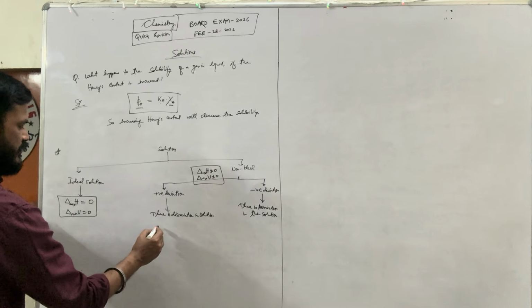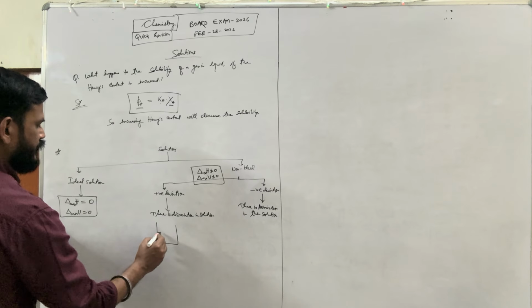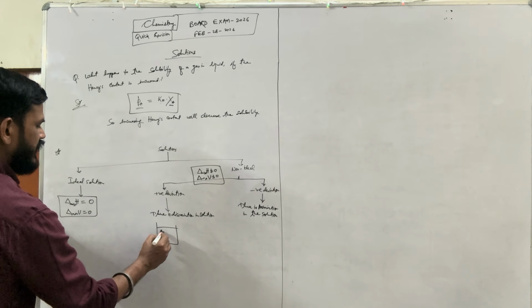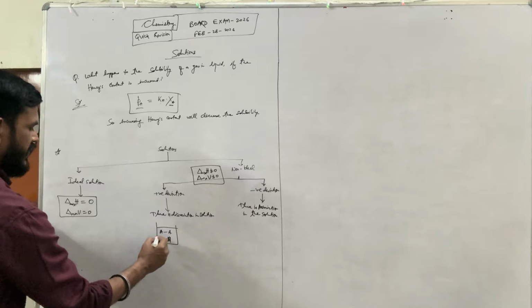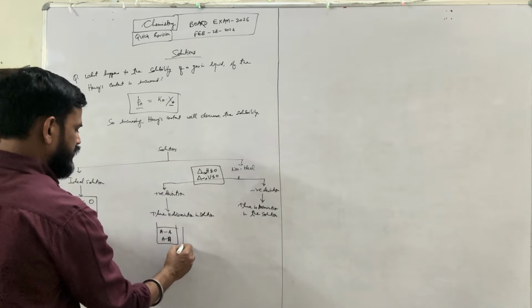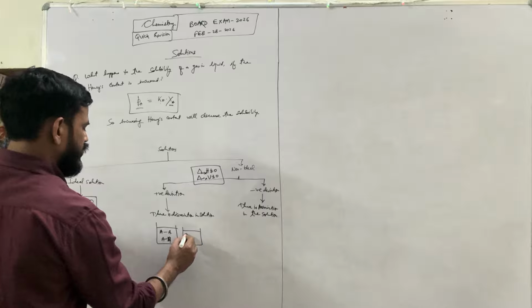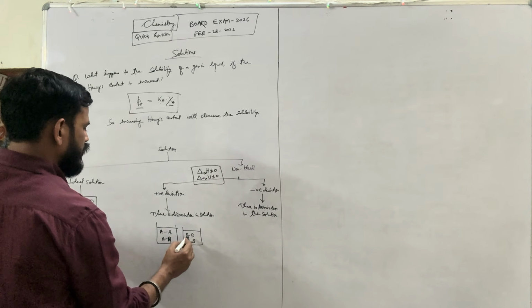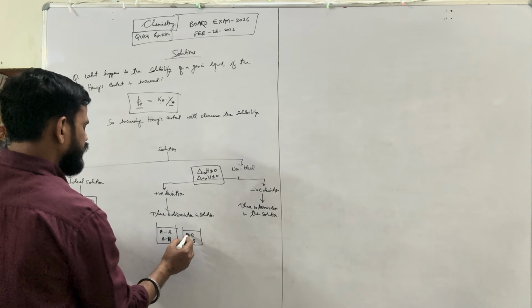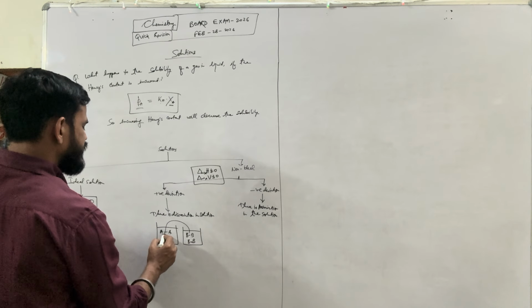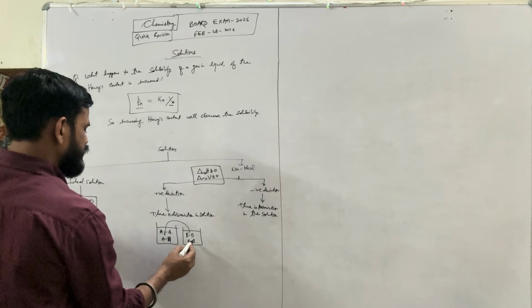What is dissociation? Suppose you have two molecules of A2, and then two molecules of B2. When you mix, the B molecule not only breaks its own bond but also breaks A's bond.